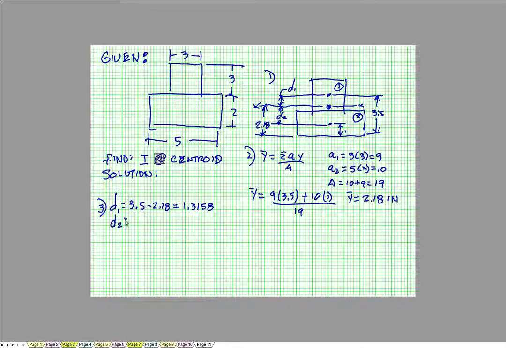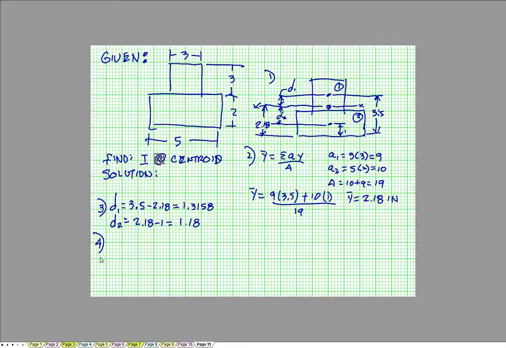Distance 2 is 2.18, because I have to go up and then back down to find that distance, and we're going to subtract the distance from the centroid to the ground, so we're taking 1 away. Did everybody see where I get the distances?